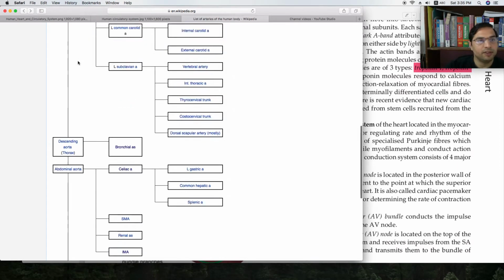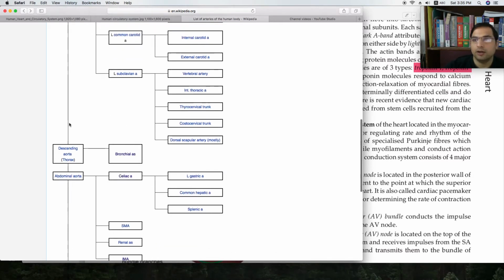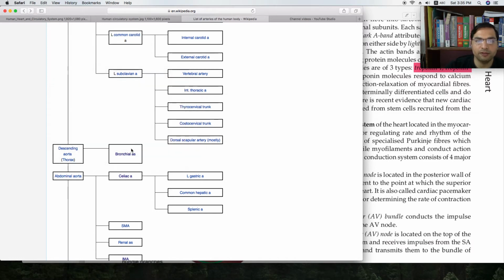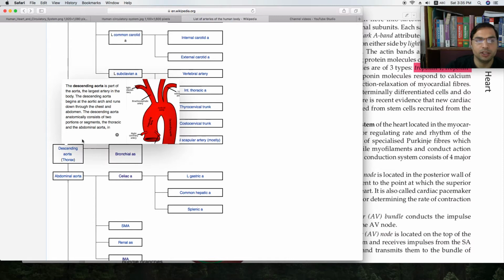Then after ascending, after aortic arch, the aorta goes from the back of the heart, and that is called as descending aorta. So now this is called as descending aorta, and when it is descending down, it gives one bronchial artery from here, right? One bronchial artery from here to the bronchi, right?